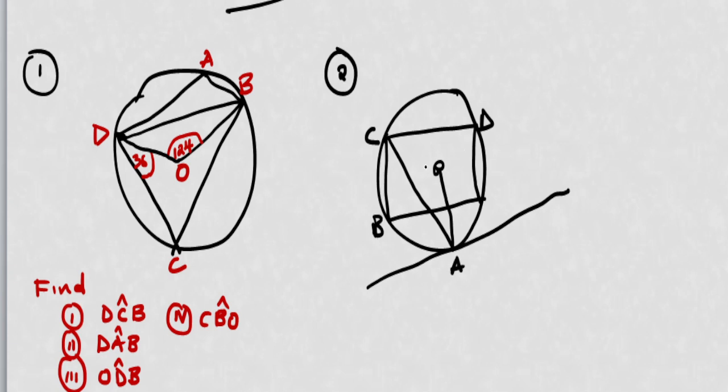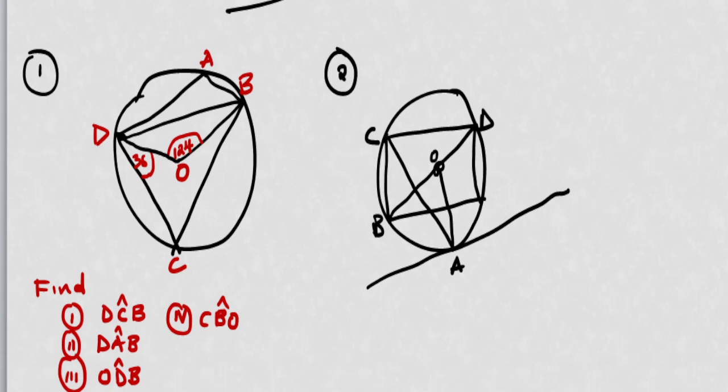Then from the center, I want a line that will come and cut through here. So this is O, that's where the center is.